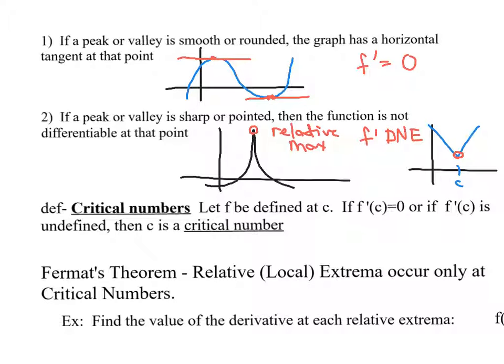I still see that I've got a sharp or pointed part of my graph, but the derivative again does not exist at that spot. So I'm going to say then that I can have relative mins and maxes where I have a peak or valley that is smooth or rounded, but I can also have relative mins or maxes when the peak or valley is sharp or pointed.